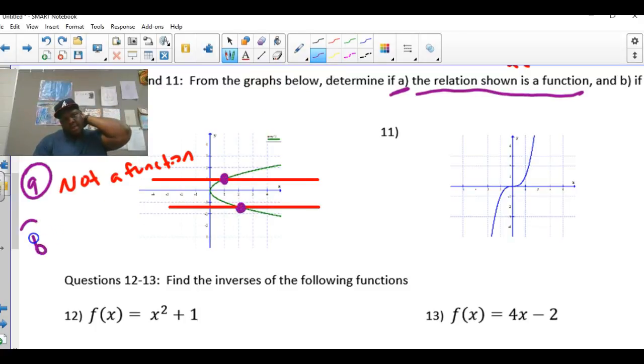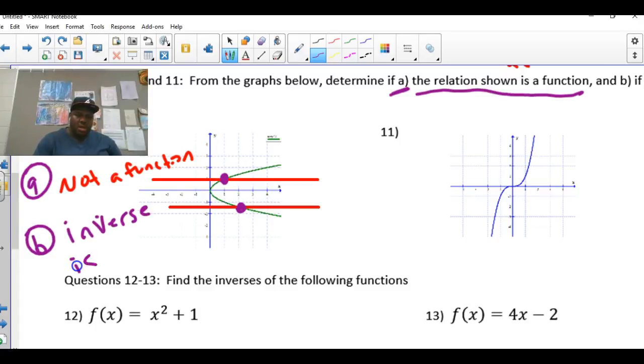So the inverse of whatever that function is, is a function. Right, this inverse is a function.